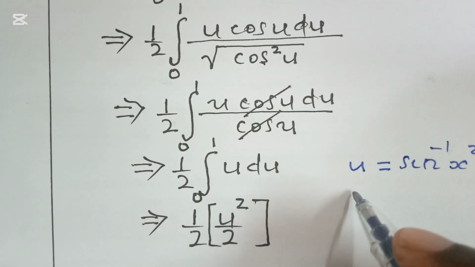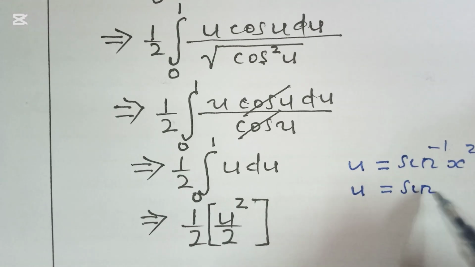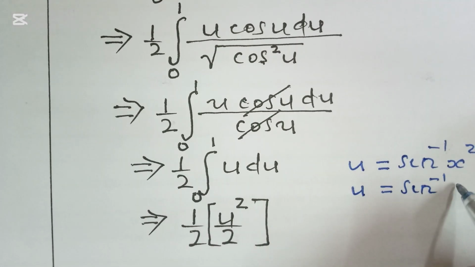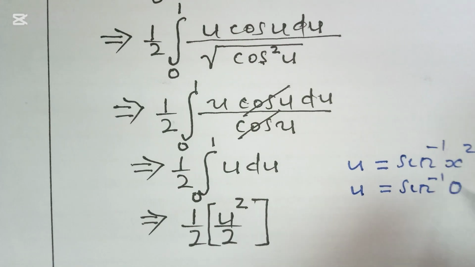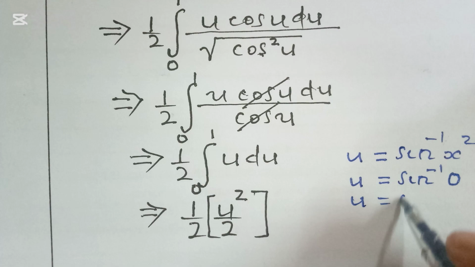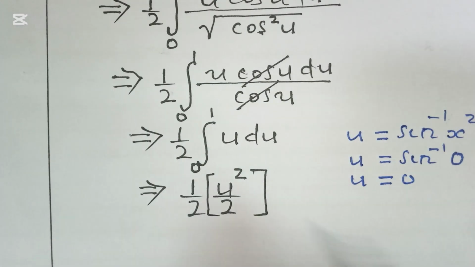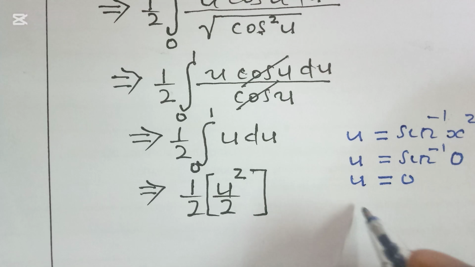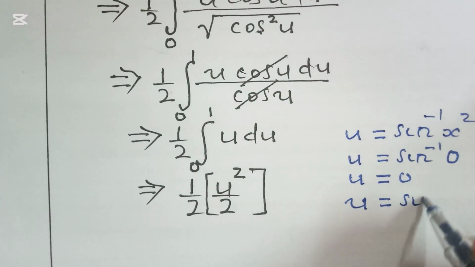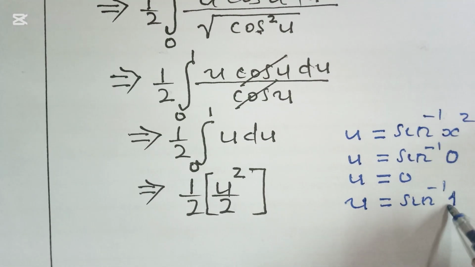I will write u equals sine inverse of, I first start with 0. For 0, u is also 0. Coming to x equal to 1, we shall have u equals sine inverse of 1 squared, which is 1.